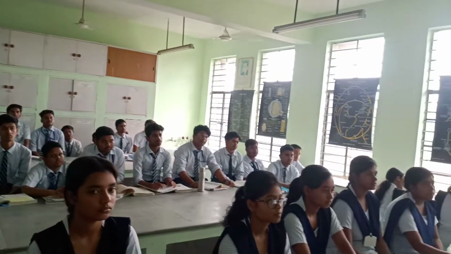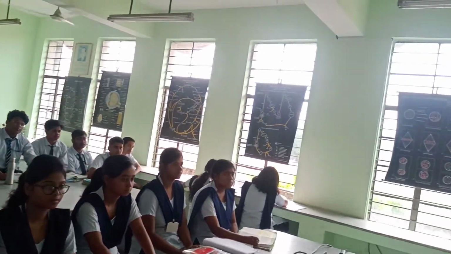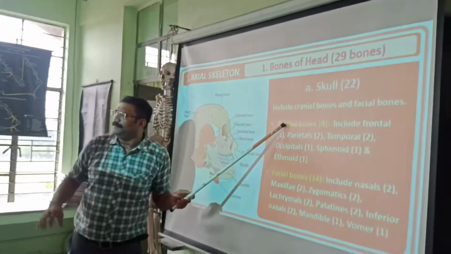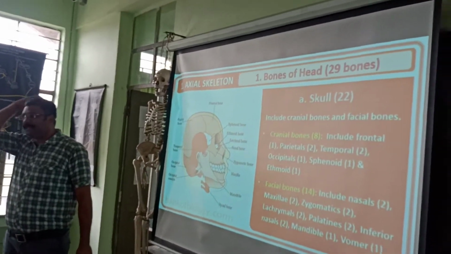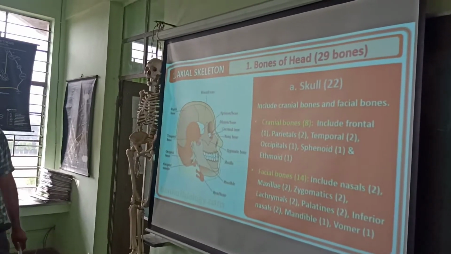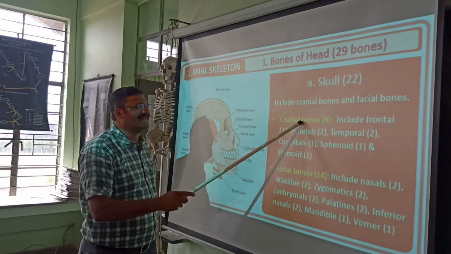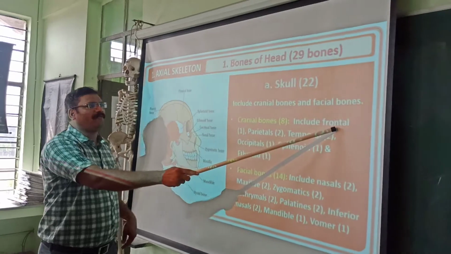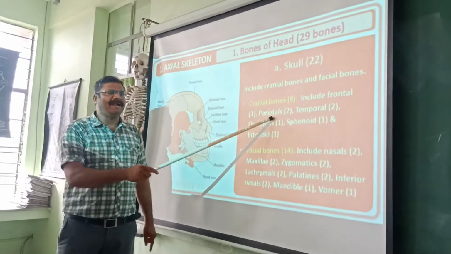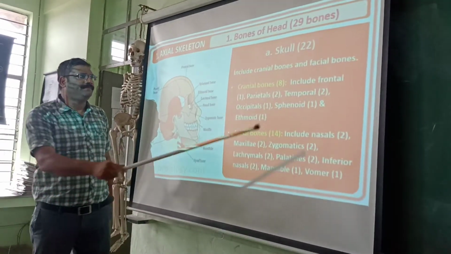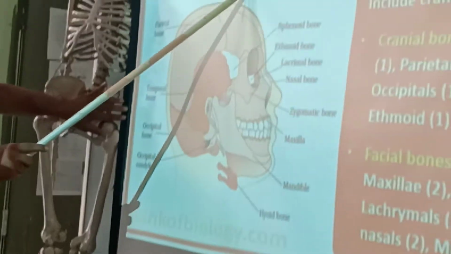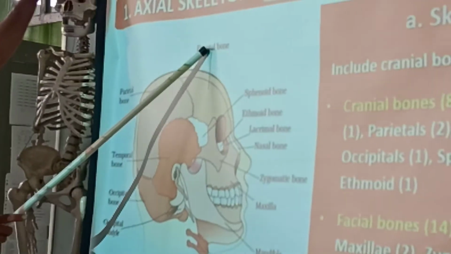So what are those bones which are present in the skull? The cranium is the brain box, which has 8 bones, known as cranial bones. The first is the frontal bone, one single piece, then the parietal bones, 2 in number, then the temporal bones. You can see in the picture, this front bone is the frontal bone.